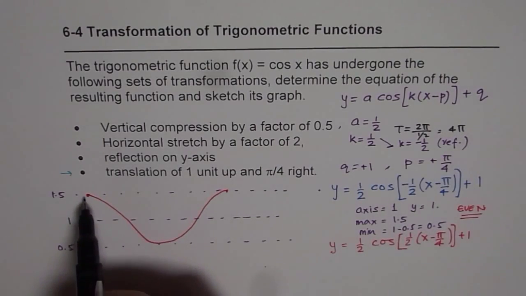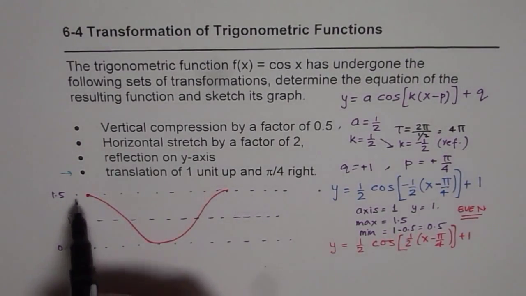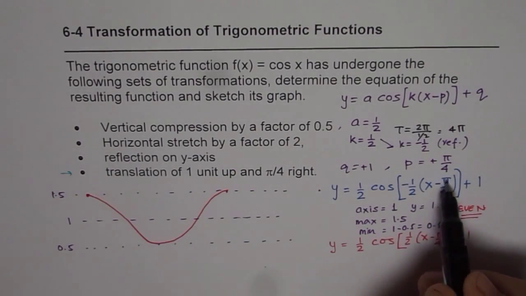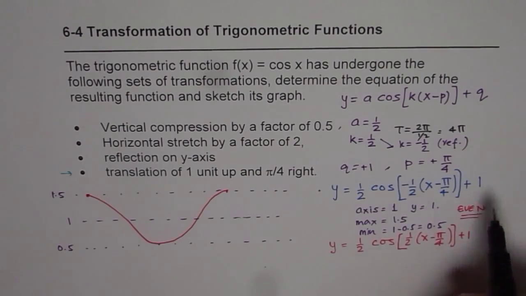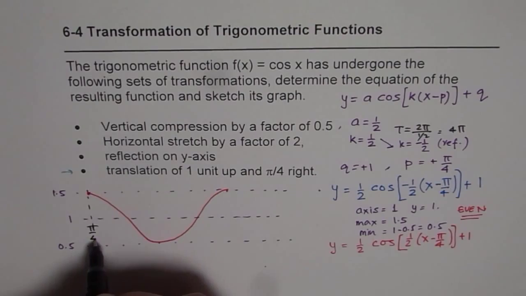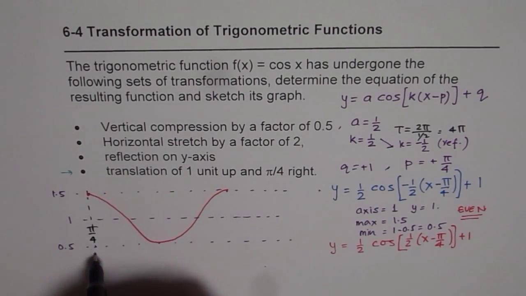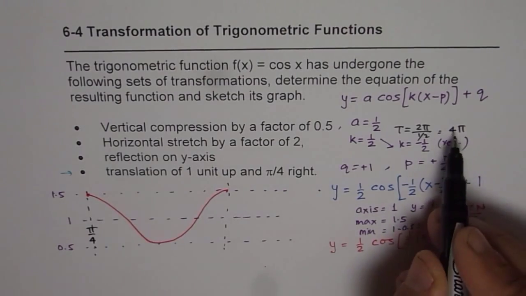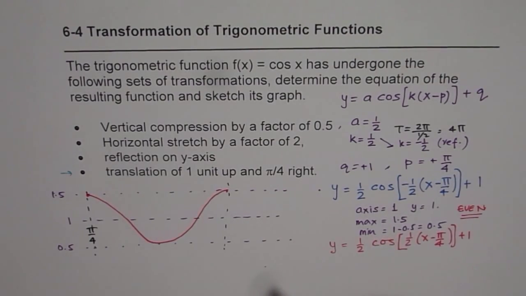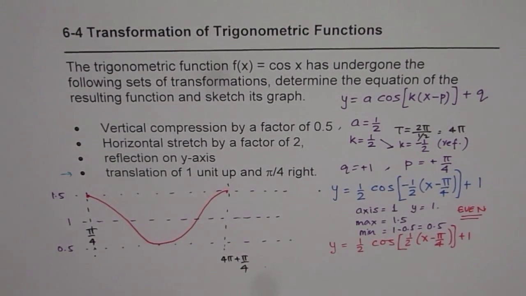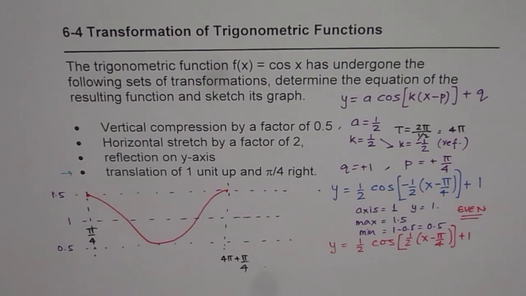Correct? So the maximum will be 4 pi away from the starting point. Now the starting point has moved pi by 4 units to the right. So the starting point here will be at pi by 4. Do you see that? Okay. And the ending point will be at 4 pi plus pi by 4. So that is how your function is going to be, right?